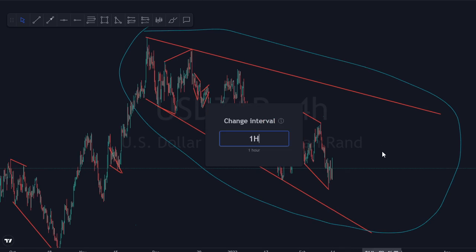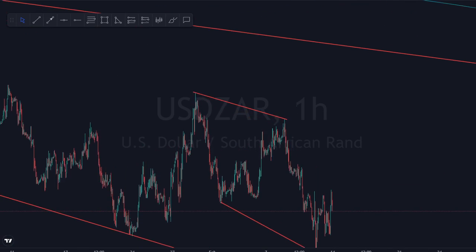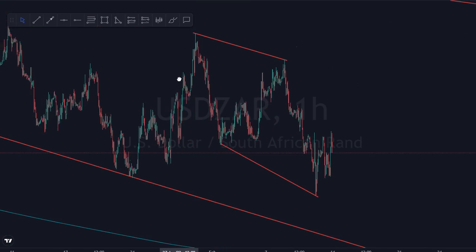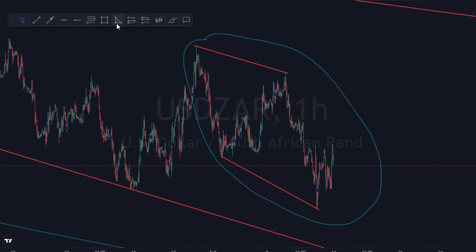So let me move back to H1 time frame, and as you can see as well, I have another one of my lovely patterns which I love trading. This indicates bullish continuation, so I'm looking to catch buys all the way until this high.